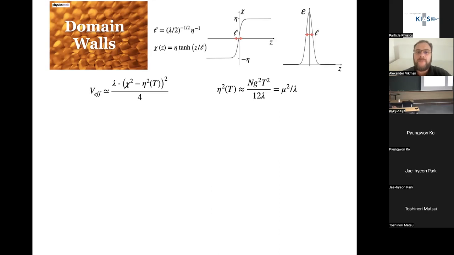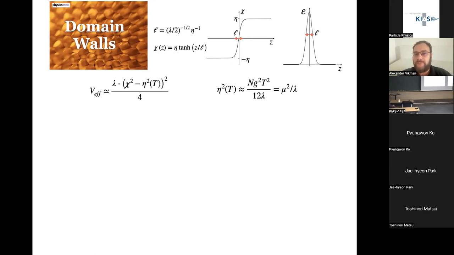So now why is it important? Because the thickness of these domain walls is inversely proportional to eta, right? Therefore, the thickness of these domain walls is inversely proportional to temperature. Another thing that is also important is that for standard domain walls, this eta is just a constant.